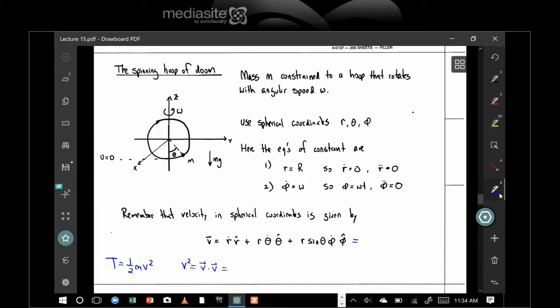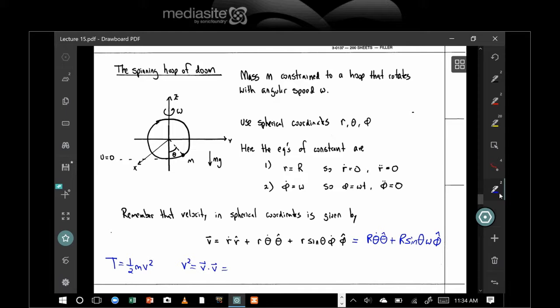This first term is 0 because r dot is equal to 0. The second term is going to be equal to r times theta dot theta hat, and the other term is going to be equal to r sine theta times phi dot, but phi dot is omega.